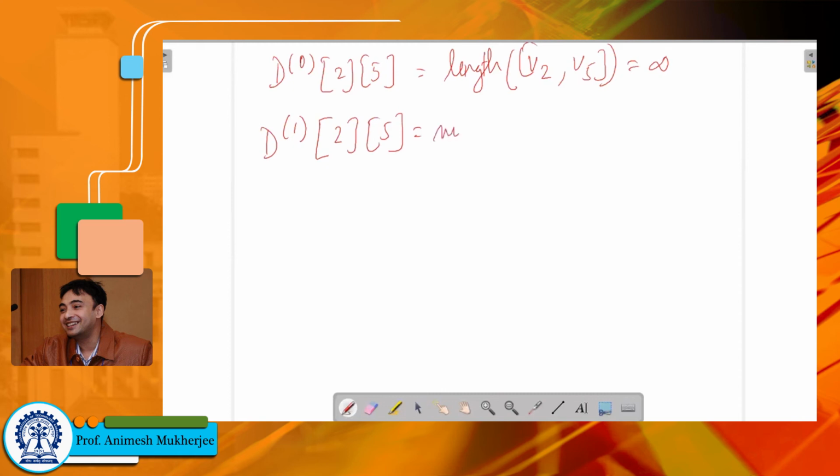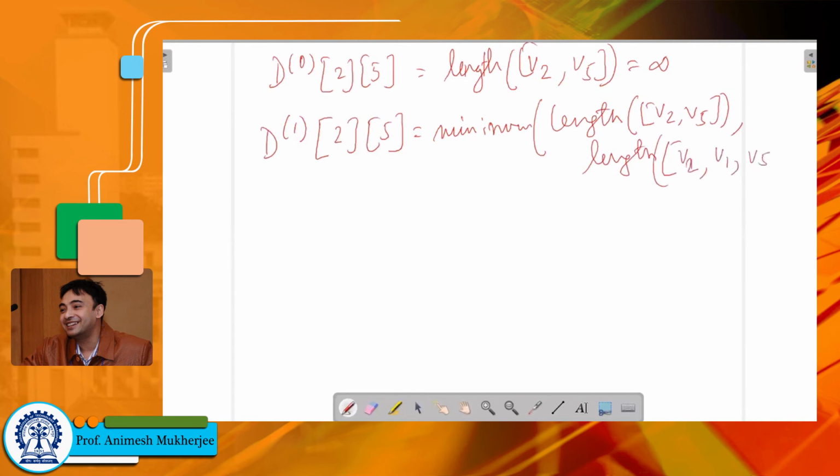So this is minimum of length V2, V5 and length V2, V1, V5. This is minimum of infinity and 14, that is 14.